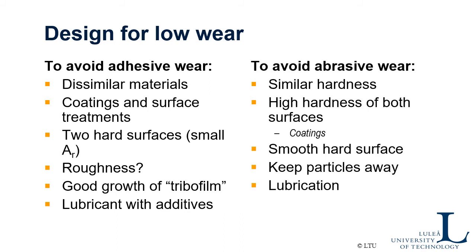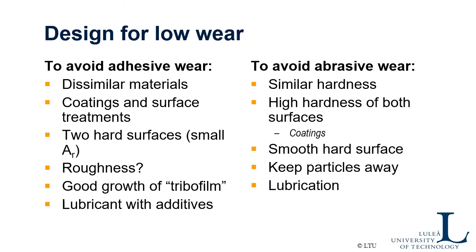To avoid abrasive wear, it's very good to have similar hardness, because then the surfaces will not penetrate into each other and they can't plow or cut the other surface. And of course, if you have high hardness on both surfaces, you also reduce the risk of plastic deformation, because abrasive wear is about plastic deformation.